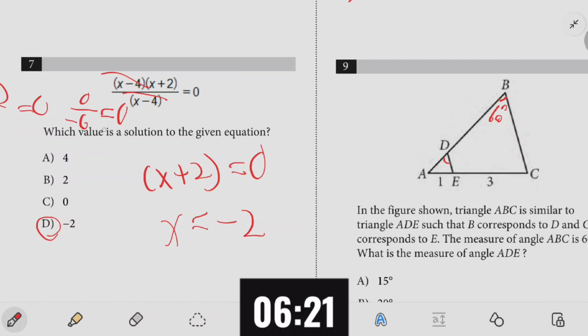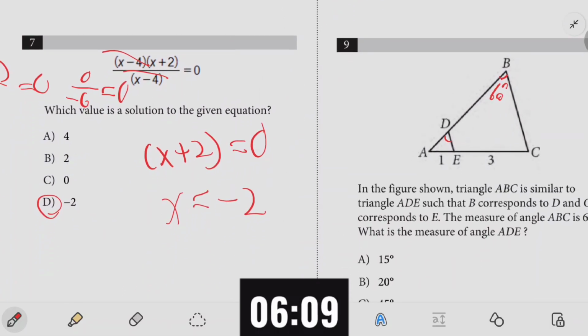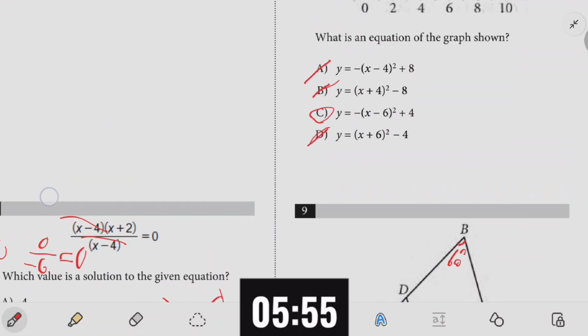But 0 divided by a number is more likely to be 0, I think. So a -2 would make more sense in the context. If we were to speak graphically, there would be a hole in this location when x equals 4. So that's not really the solution, is it? Okay, we're going to assume it's -2.